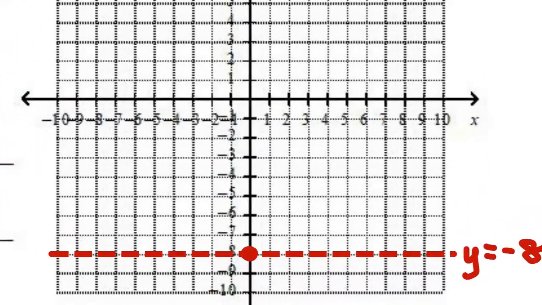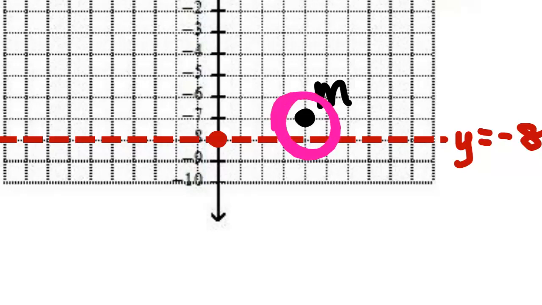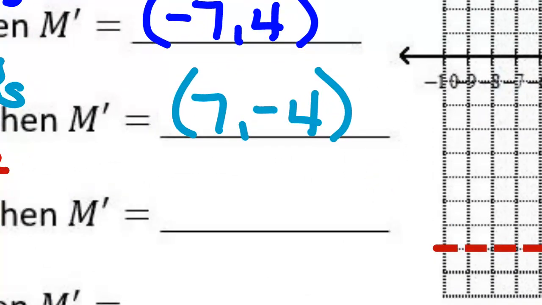Point M is at (4, negative 7). So here's my point M. How far away is point M from that line that we want to reflect over? How many hops away? 1. So I would go the same distance on the other side, so 1 hop away on the other side. So right here would be my point M prime. And where would that ordered pair be? 4, negative 9.